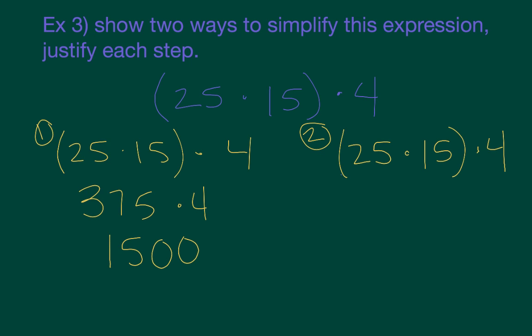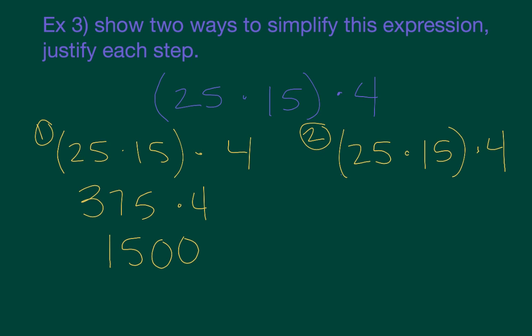So in step 2, what we're going to do is change things around. We're going to look at these parentheses and these numbers, and see if there's a way we can actually solve this without actually doing the work for it.